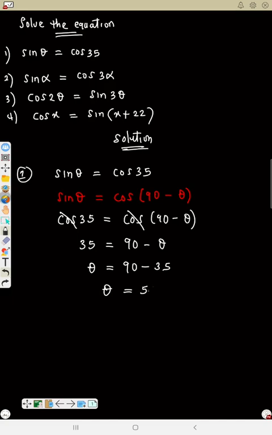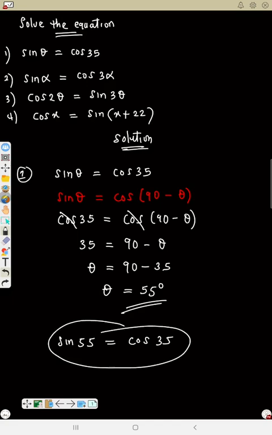You should get 55 degrees. So what does this mean? It means if you put theta there now, sine 55 will be equal to cos 35. So the answer, theta is 55 degrees.